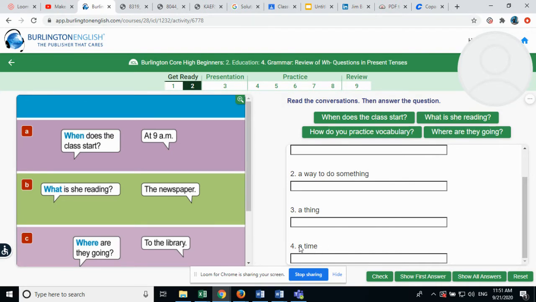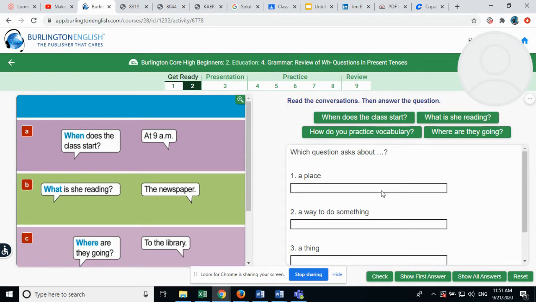A time. Now what you have to do is click on one of these and you can move it around. You can put it in the correct place. I'm going to do number 1 for you as an example, and you should do the rest.